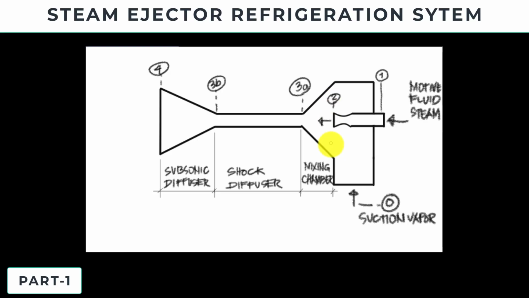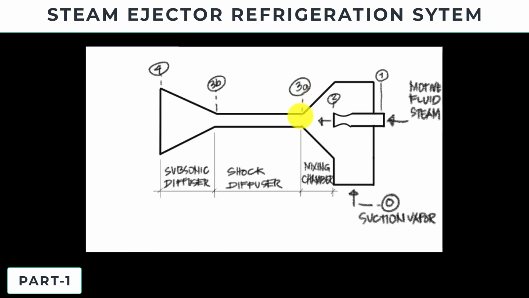Then from point 2, it comes out into your mixing chamber, where it meets the suction vapor coming from your flash chiller, and mixing takes place.